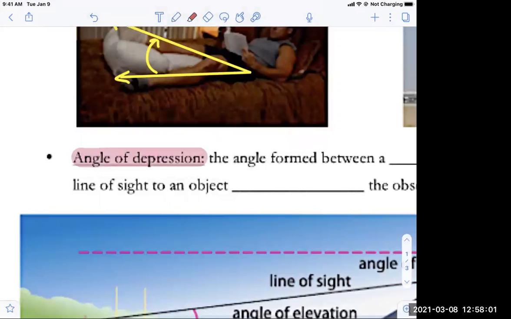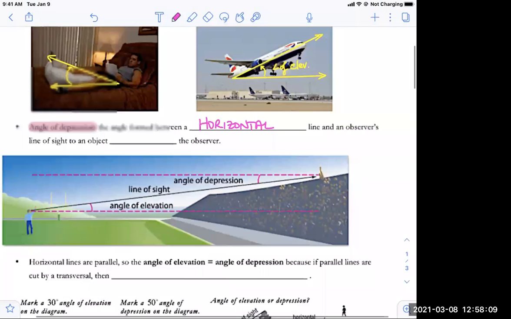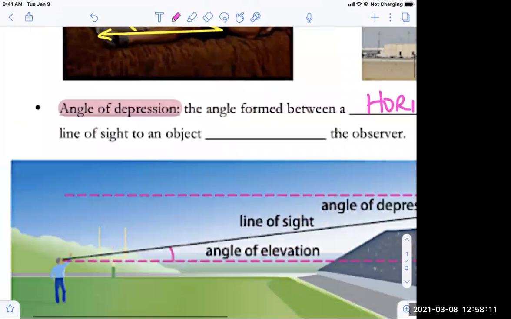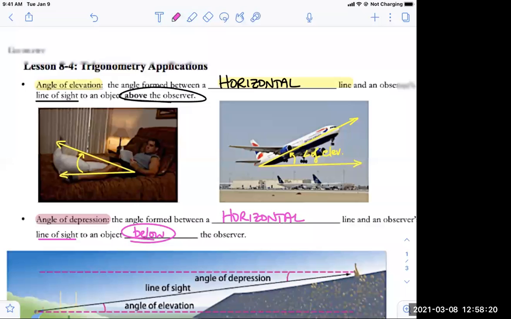So angle of depression is the angle formed between still a horizontal line and an observer's line of sight, but this time the object will be below the observer. Depression means to lower. So for elevation, we're looking straight out from the horizontal and raising your eyes up. And for depression, you're looking straight out and then dropping your eyes down to something lower.